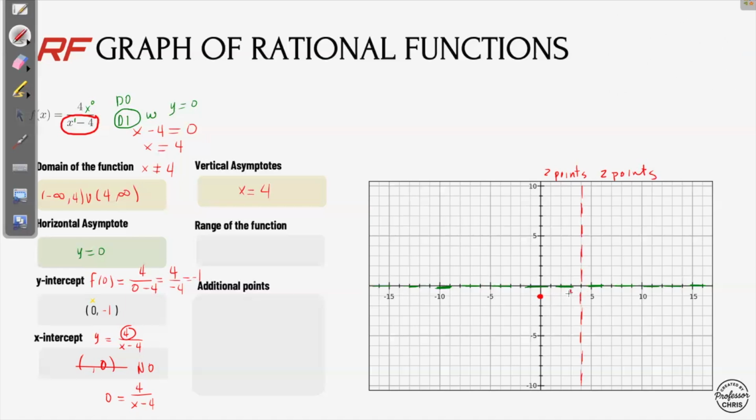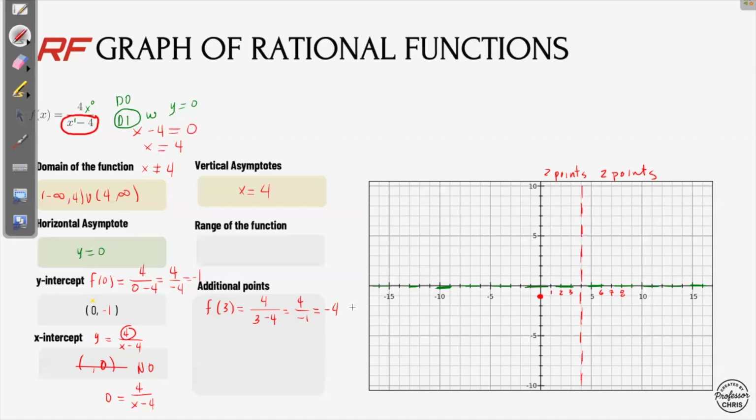Well, you could use 3, you could use 2, you could use 1, you could use 6, 7, 8. So let's try to see what happens if I use f of 3. So f of 3 will be 4 divided by 3 minus 4. That is 4 divided by minus 1.